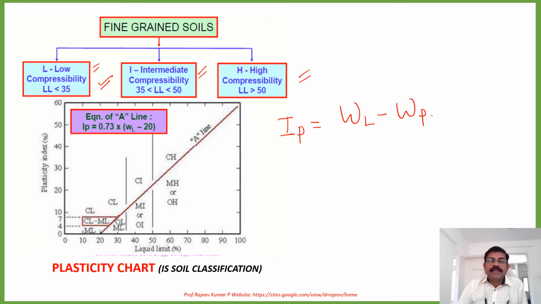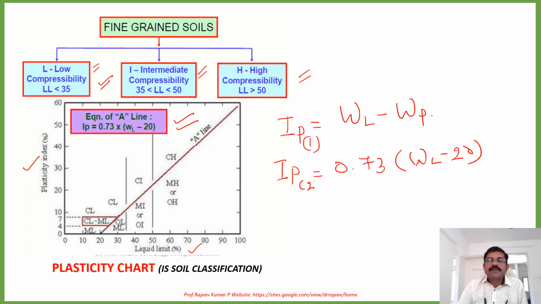Then the A line equation is this. You can substitute the value of liquid limit into this, and you will again get a plasticity index value: 0.73 times (WL minus 20).